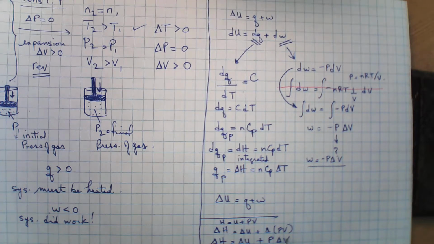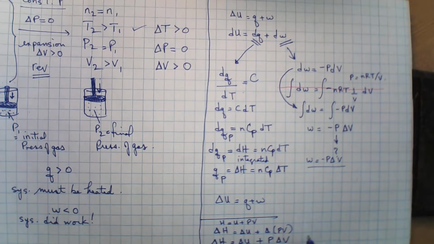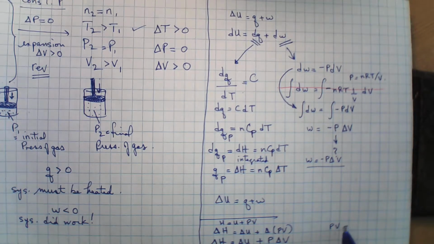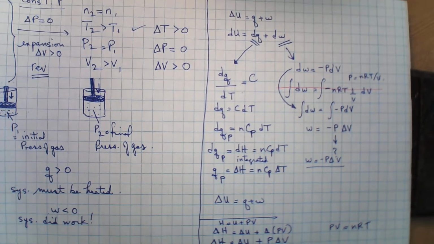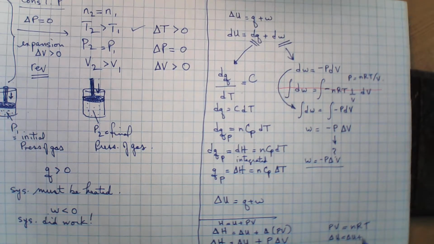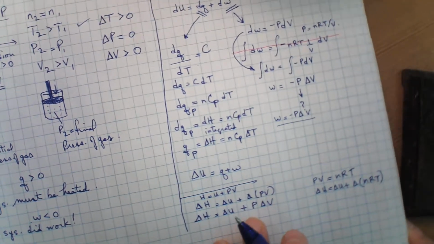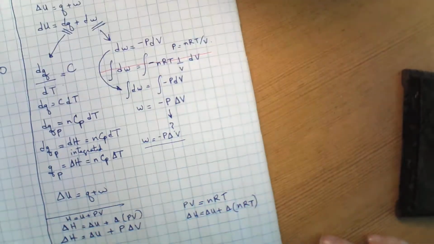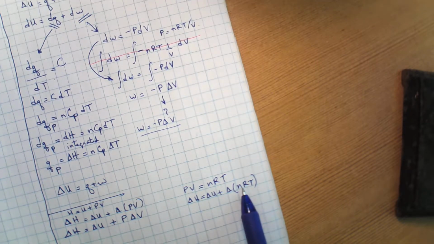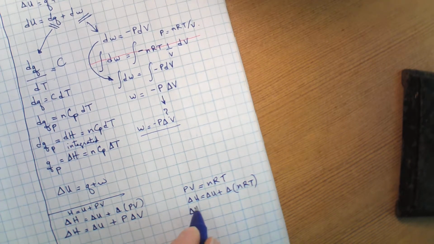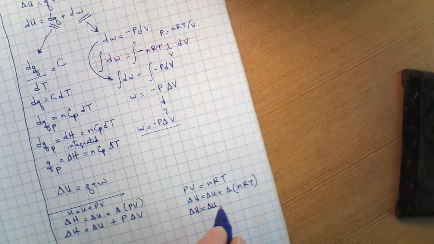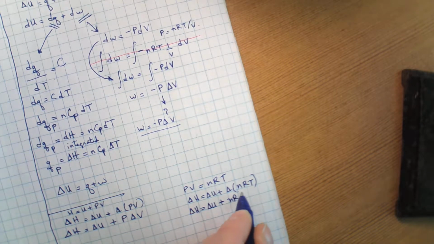Remember, we also could substitute PV is equal to nRT, and we said that delta H was equal to a delta U plus a change in the nRT, and because n is constant and R is constant and oops, T isn't, this would be delta H is equal to delta U plus nR delta T.